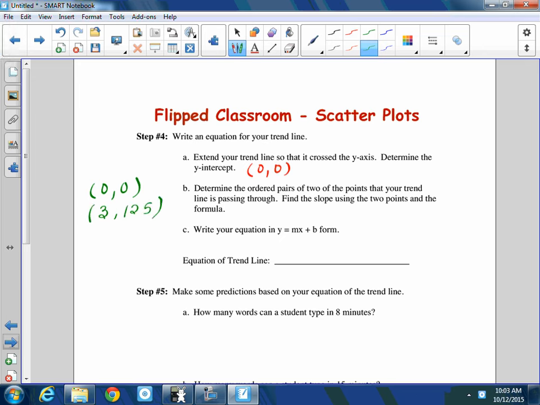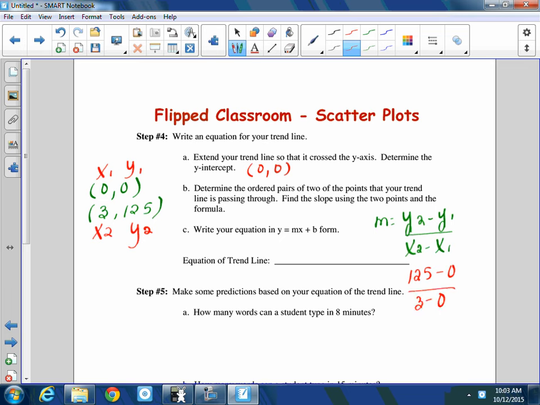And using the formula for slope, y2 minus y1 divided by x2 minus x1, I'm going to go ahead and calculate the slope. So this is x1, y1, x2, y2. So that would be 125 minus 0, and then 3 minus 0.